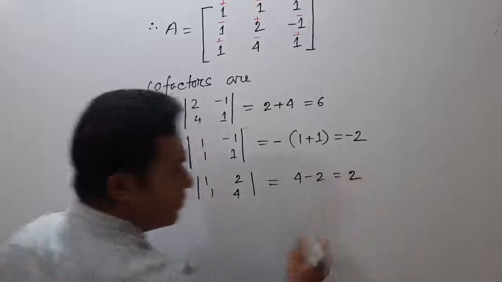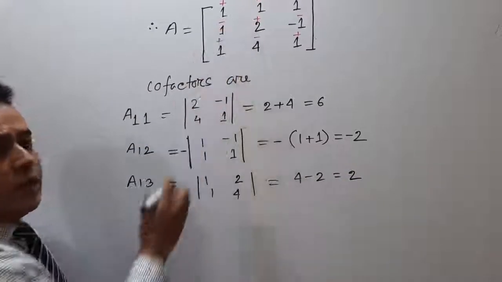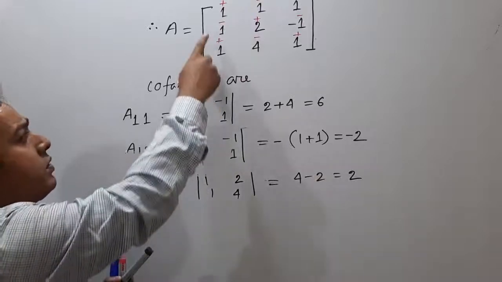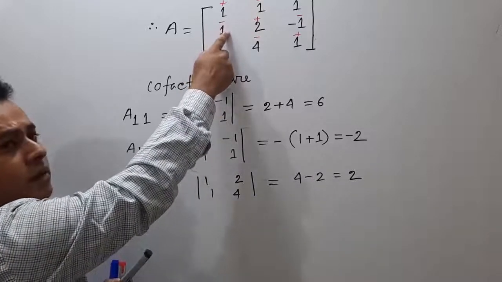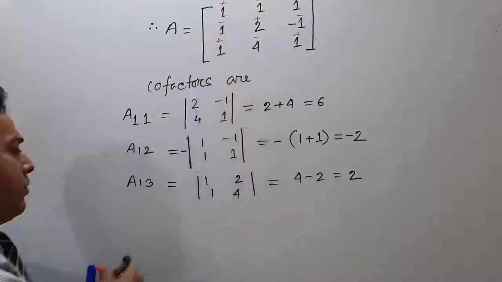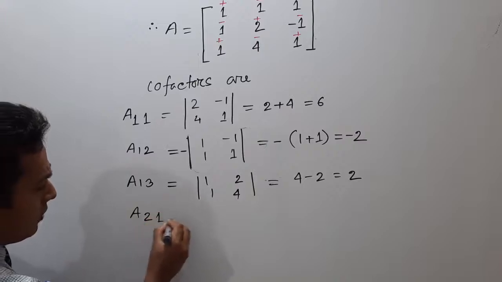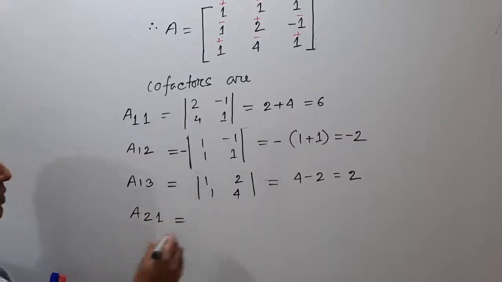1 2 1 4, so ignoring the row and column, 1 2 1 4 is equal to 4 minus 2 is equal to 2. Now this element is denoted by the second row, first column.